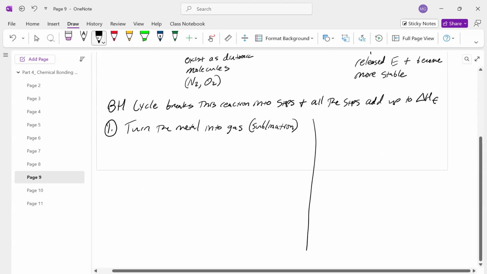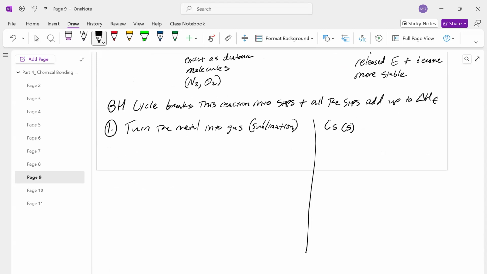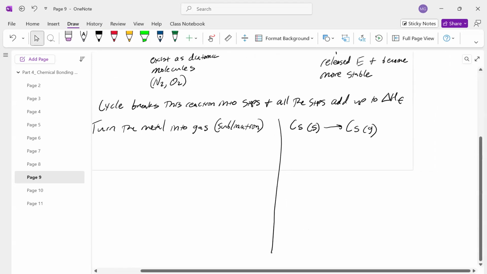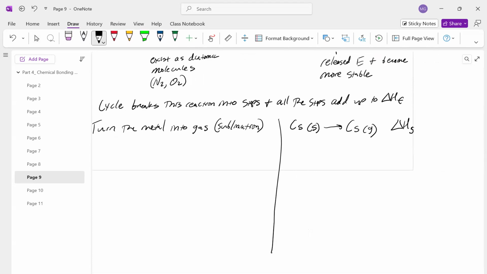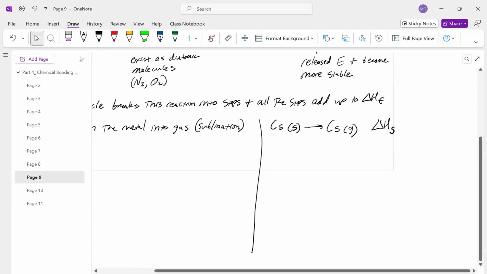So this is what that process looks like. We're going to take cesium solid, that's what that little lowercase s in the parentheses represents, and we're going to make it into gas. Now the energy required to do that, this delta HS, means how much energy it requires to sublime it.